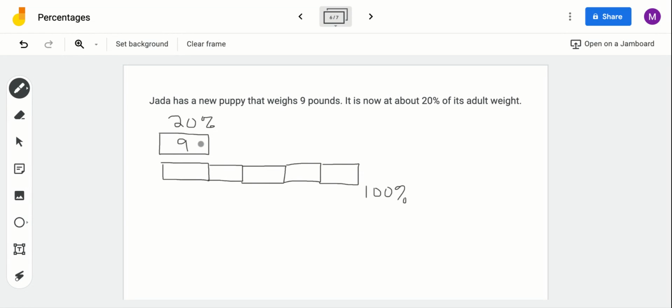And then each of these 20% is 9 pounds. So I can go ahead and put 9 pounds in there. Each of these is worth 9 pounds. And so the puppy's weight when it's grown up will be 9 times 5, which is 45 pounds.